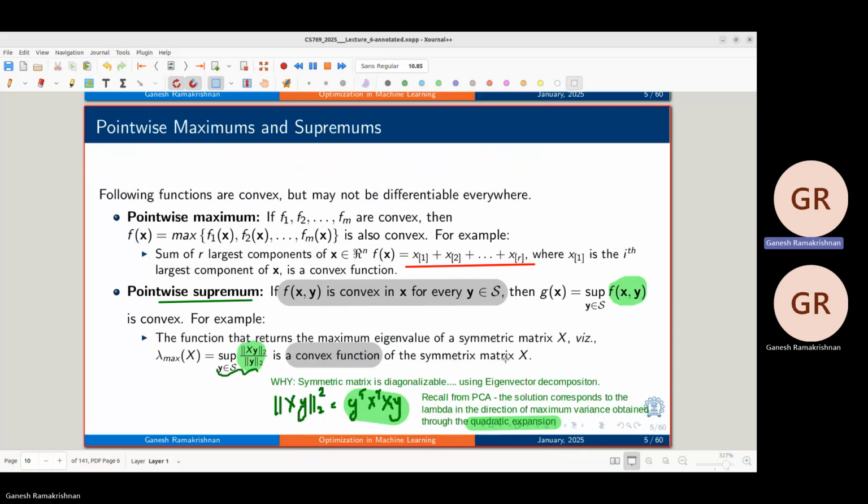Okay, so we already kind of generalized. Now I'm going to do one more level of generalization. What if instead of this, I apply any norm, and I'm going to change my matrix?